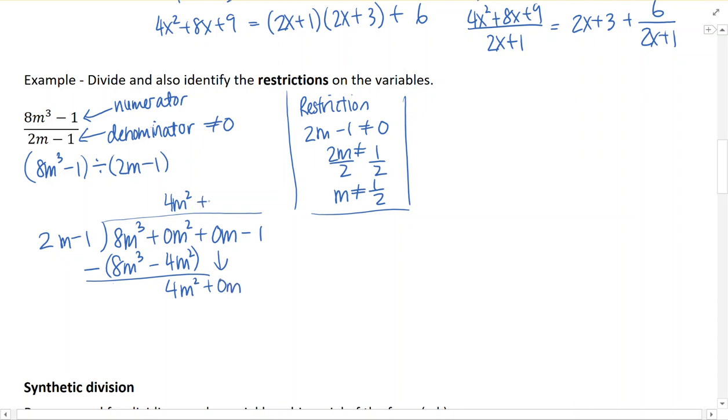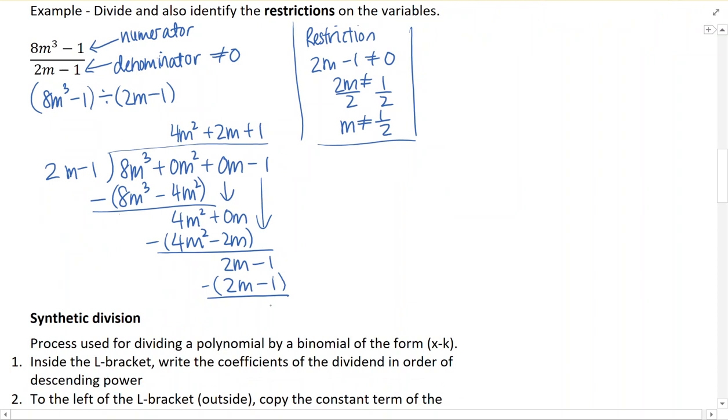Now, 2m times 2m will give us 4m squared minus 2m. Now again, we're subtracting a negative, so that's basically plus 2m. Now bringing the last part in, minus 1. Well, 2m minus 1, we're left with 2m minus 1. Just multiply that by 1. Okay, and here we're left with 0. Okay, so that is what we have here.